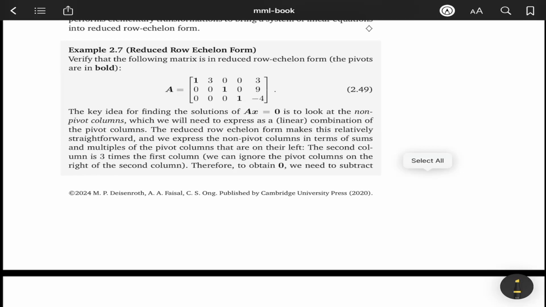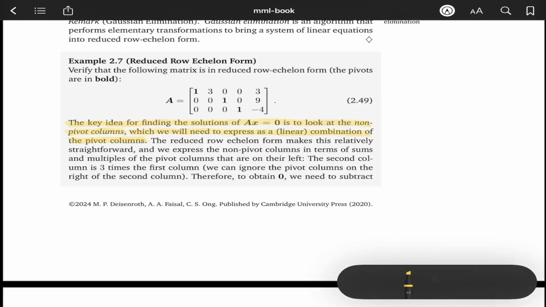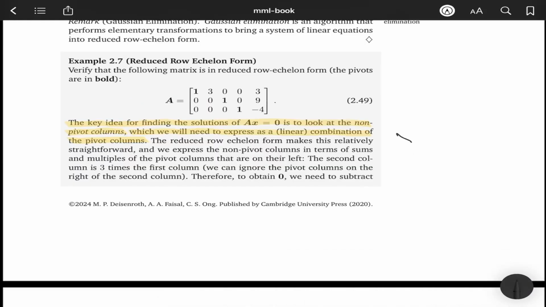Okay, done. It is. The key idea for finding a solution is to look at the non-pivot columns, which we need to express as the linear combination of the pivot columns. Okay, so in the end, we are looking for a solution x, and we say x is actually lambda 1 plus lambda 2.